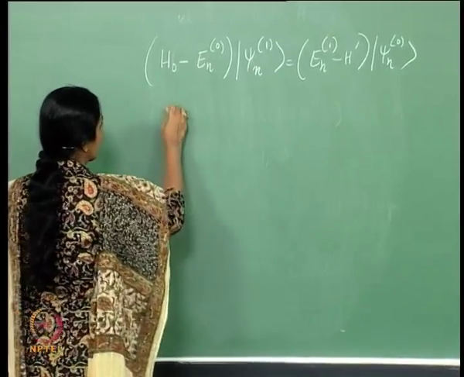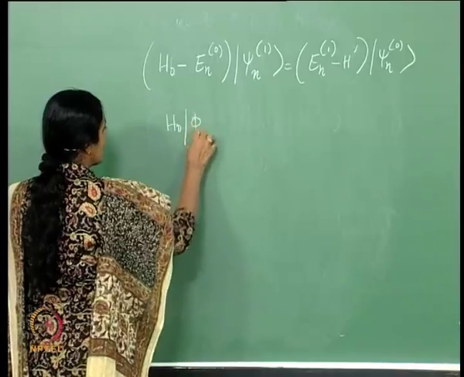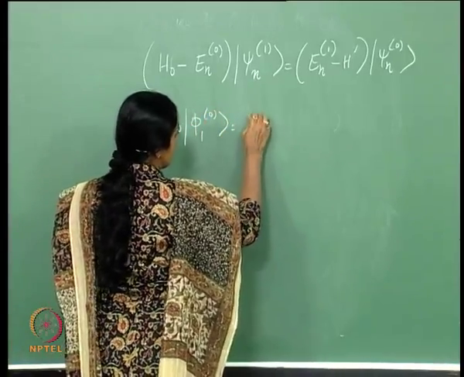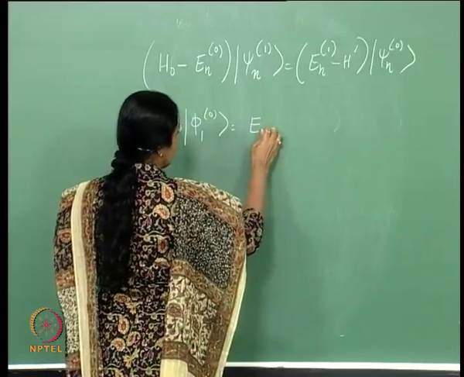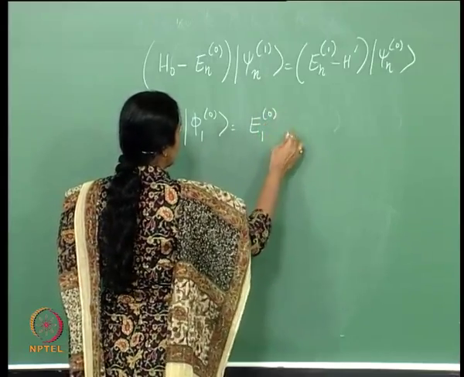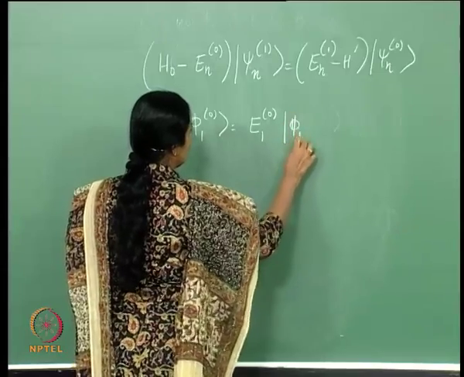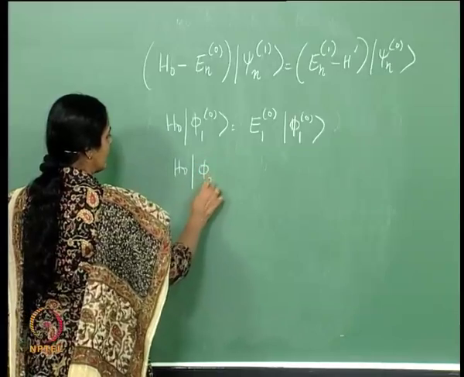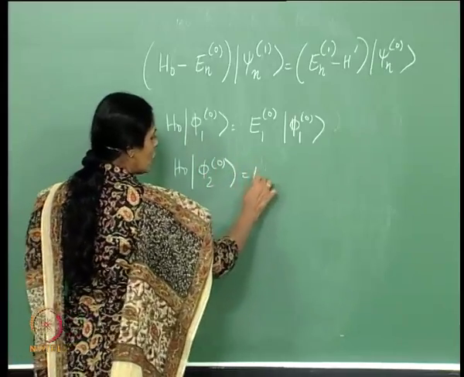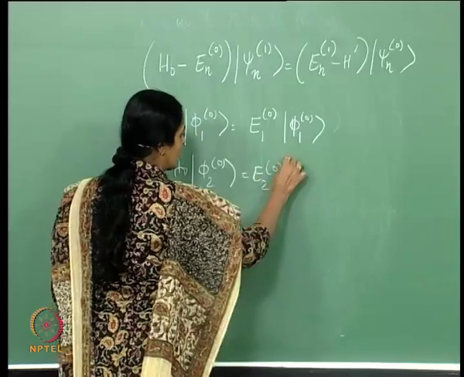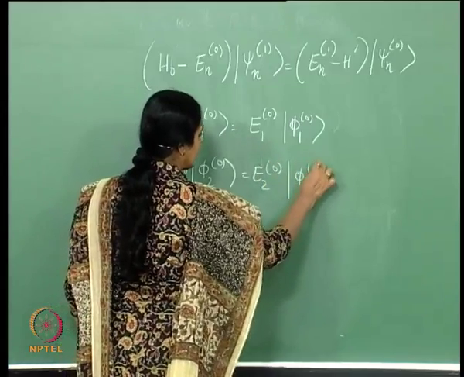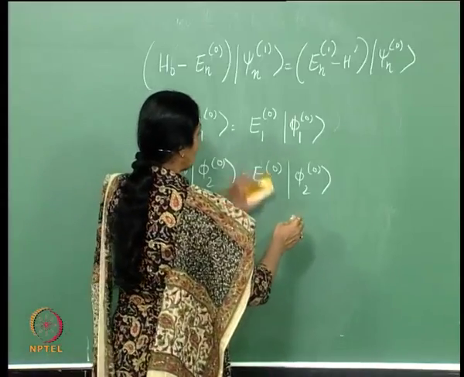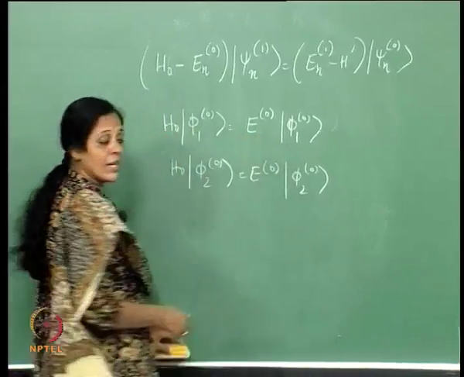So, in this case I would have H naught. Let us first look at what we get when H naught acts on phi 1 0. That is the same as E 1 0 phi 1 0, but there is a degeneracy, and therefore H naught acting on phi 2 0 would normally be some E 2 0 phi 2 0. E 1 0 and E 2 0 are the same, and I am going to represent them as E 0.